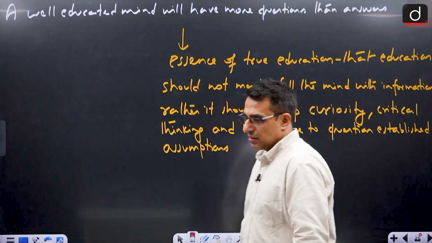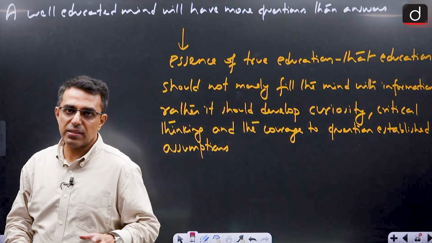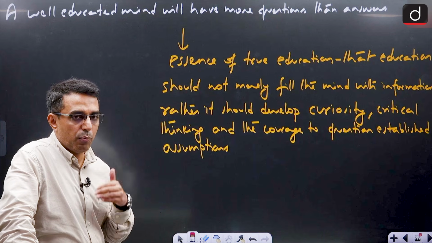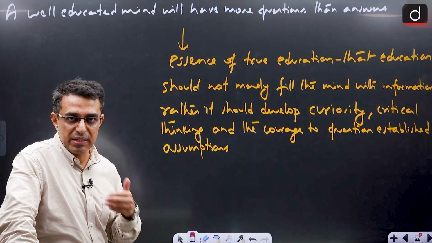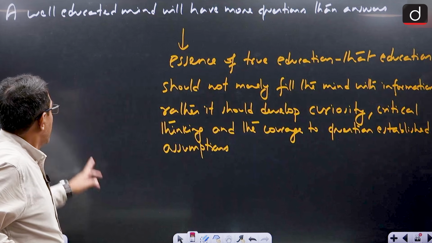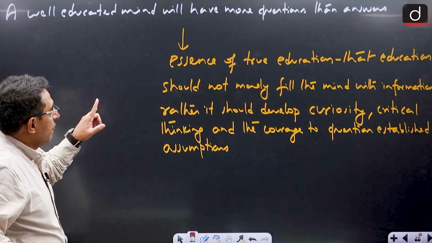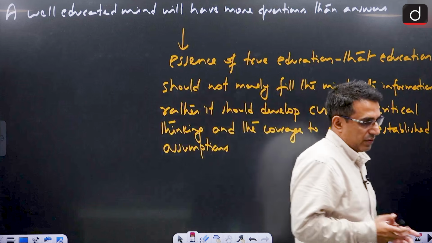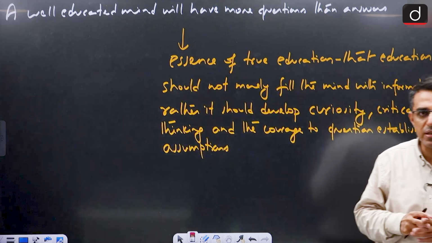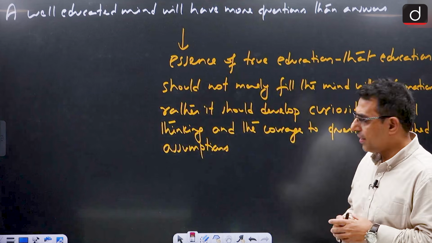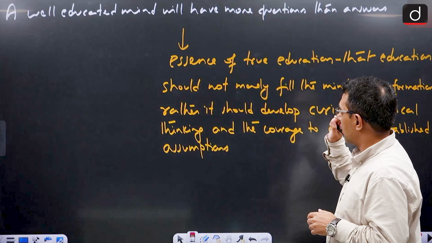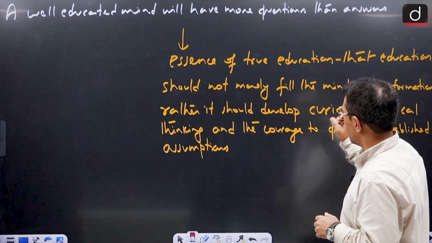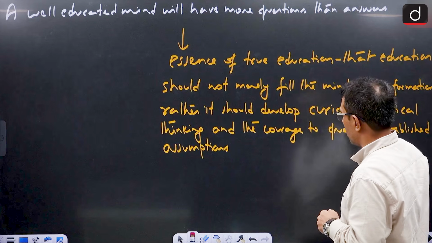Now in this section, this is the topic where you will have more ideas and it will be easier to write. "A well educated mind will have more questions than answers." Right. So what is the meaning of this essay? The meaning is very clear by reading it, but it means that the essence of true education is that education should not merely fill the mind with information.